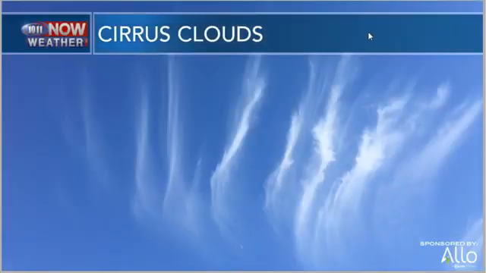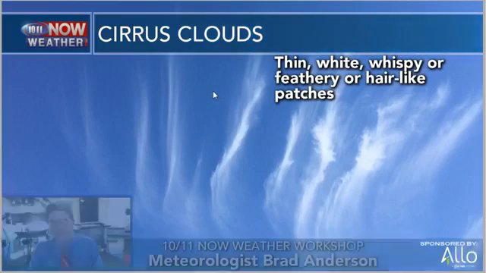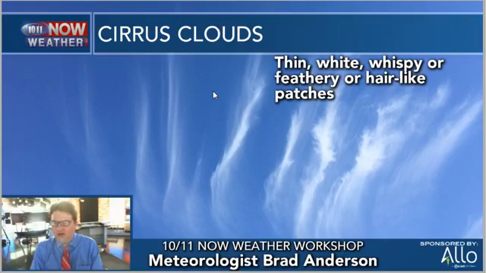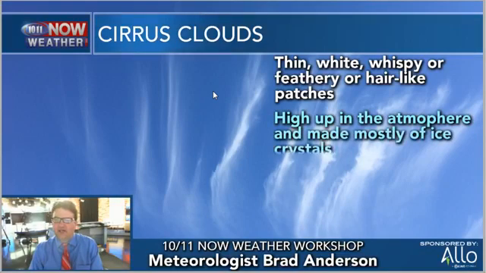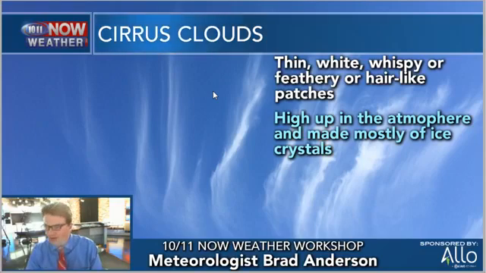So basically, we'll talk about the cirrus clouds first. They're usually the thin, white, wispy clouds, feathery, hair-like patches. You've seen these in the sky before, and they're usually in the high atmosphere, and they're mostly made of ice crystals. They're so high up, the atmosphere is very cold, so of course it's more ice crystals rather than water droplets.